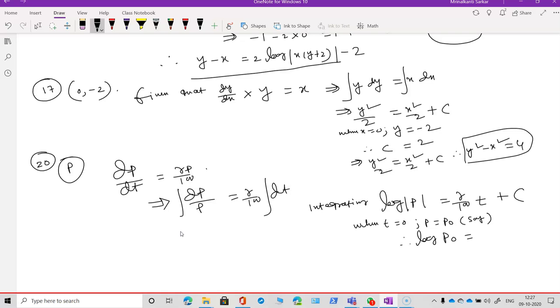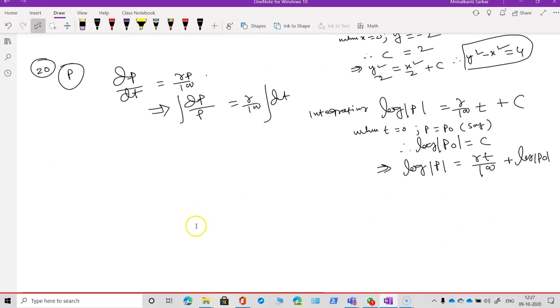So log of p0 will be equal to c. This implies log mod p equal to Rt by 100 plus log mod p0. Take mod p0 on the left side.